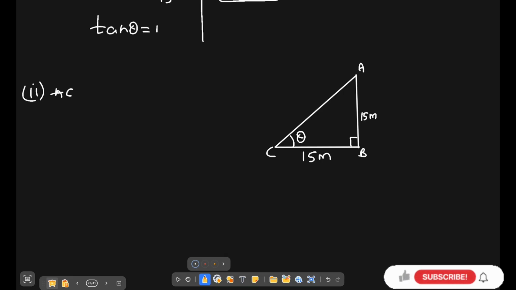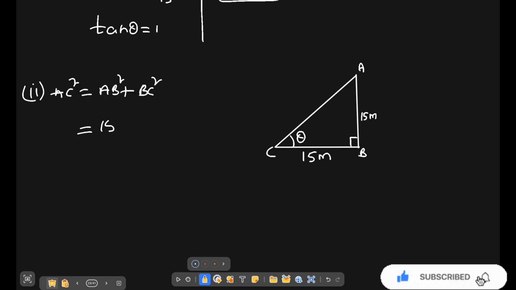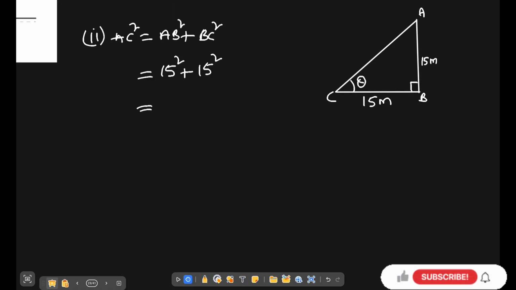So AC square is equal to AB square plus BC square. So AB is 15 square plus 15 square. So it is equal to 225 plus 225.